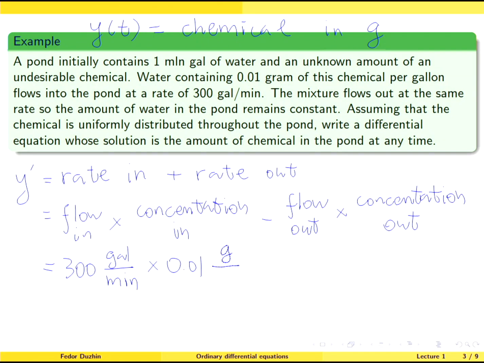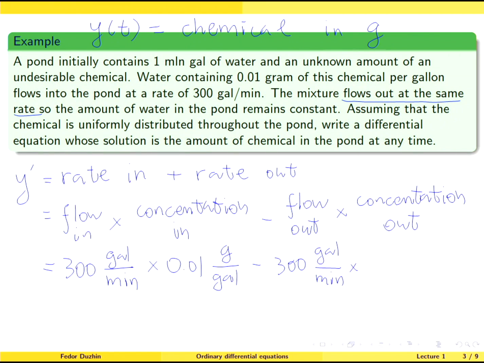So it's gram per gallon. Minus, what is flow out? Well, the mixture flows out at the same rate, so the flow out is also 300 gallons per minute.